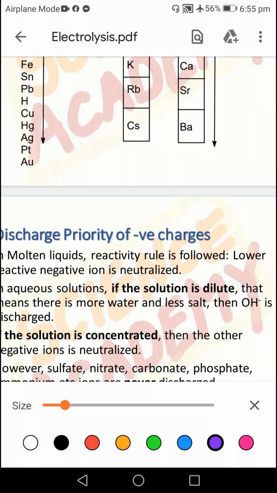In case of concentrated solutions, concentrated means you have dissolved a lot of salt in water. That means the solution contains a lot of salt, I'm just ignoring the positive ion.